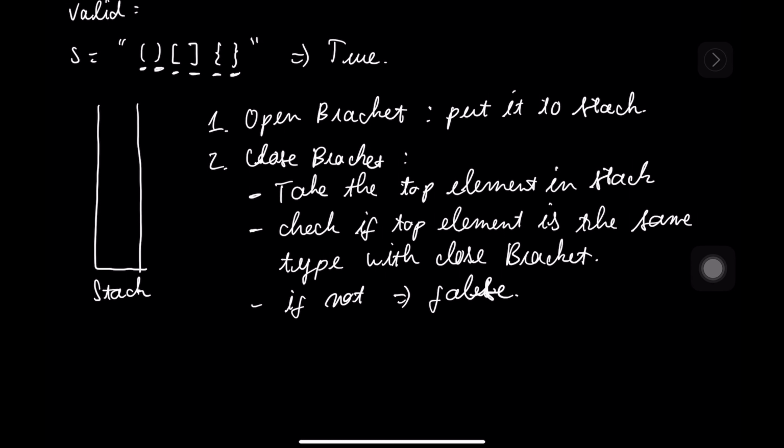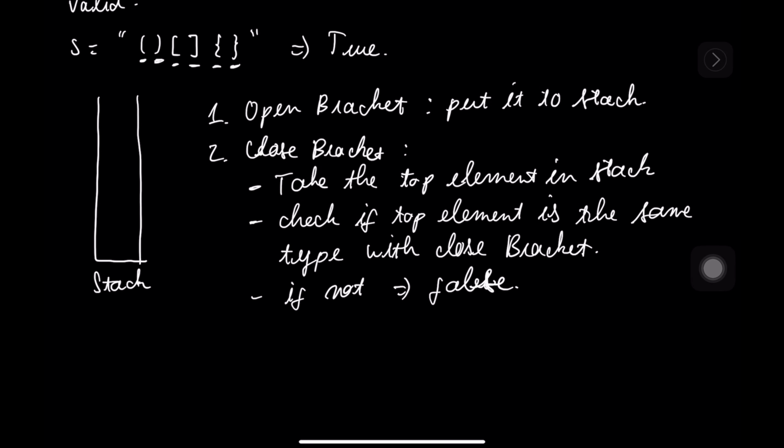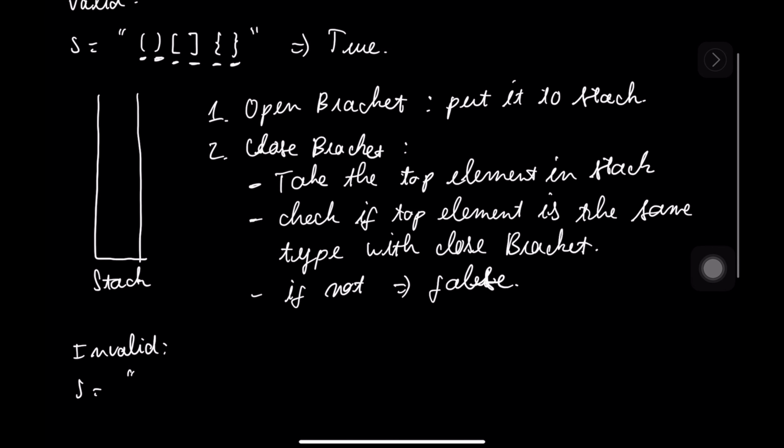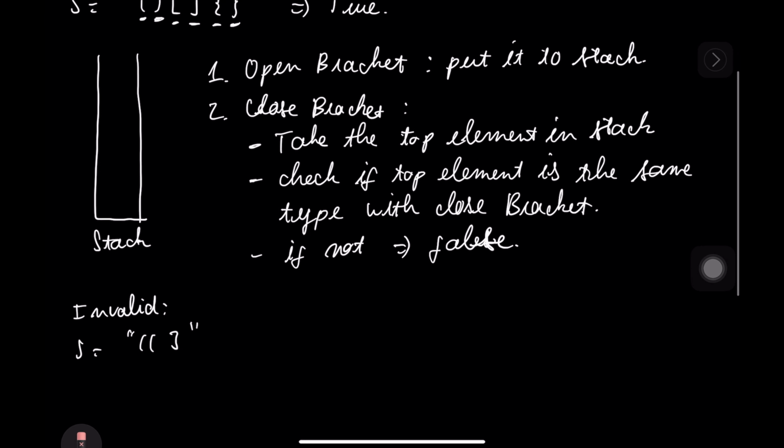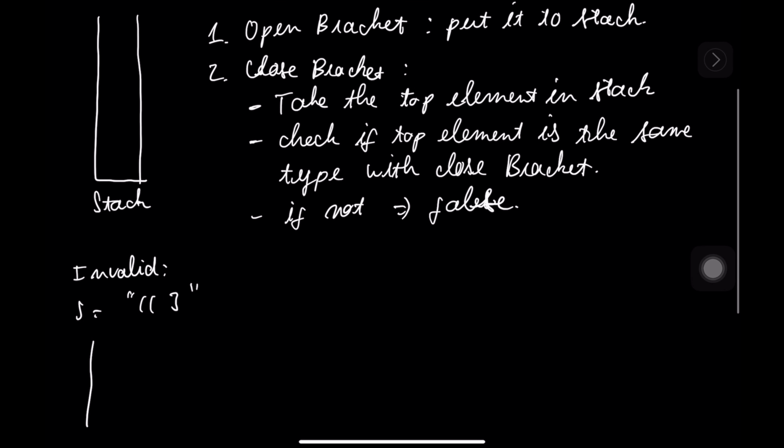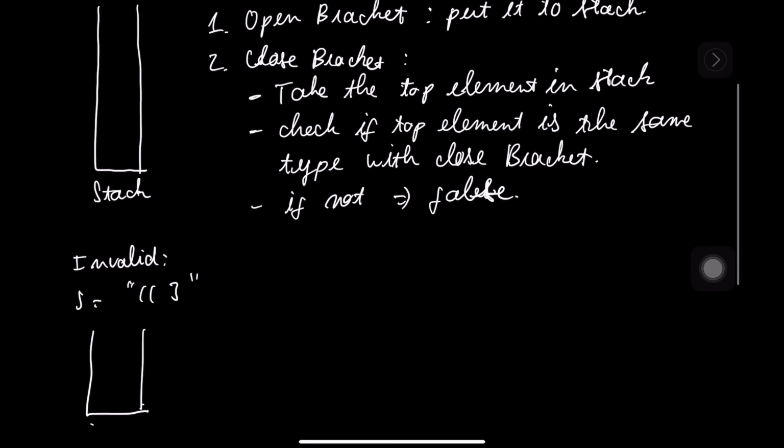Next, let's see the invalid strings. We can have a string like this, and we know that it will return false. We do similar things: we build a small stack here. Firstly, we go to the first one, an opening bracket, so we put it into the stack and move on. The next one is also an opening bracket, so we also put it into the stack.